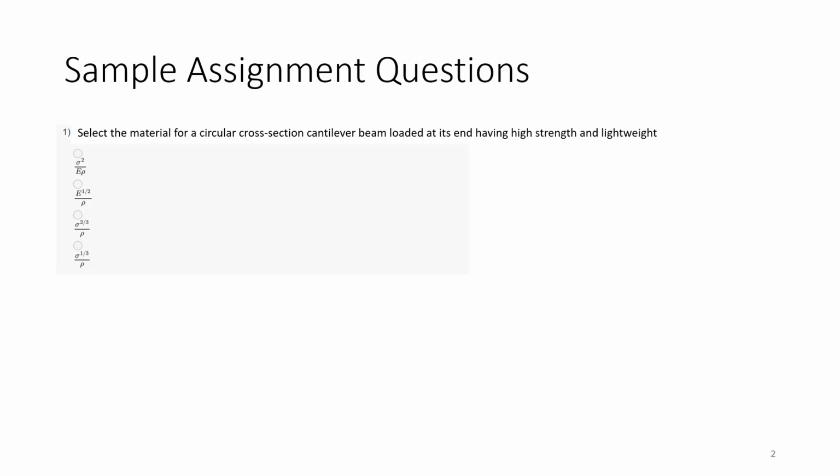So the first question is: select the material for a circular cross section cantilever beam loaded at its end, having high strength and light weight. Your options are sigma squared upon E rho, or square root of E divided by rho, or sigma to the power 2/3 divided by rho, or sigma to the power 1/3 divided by rho.